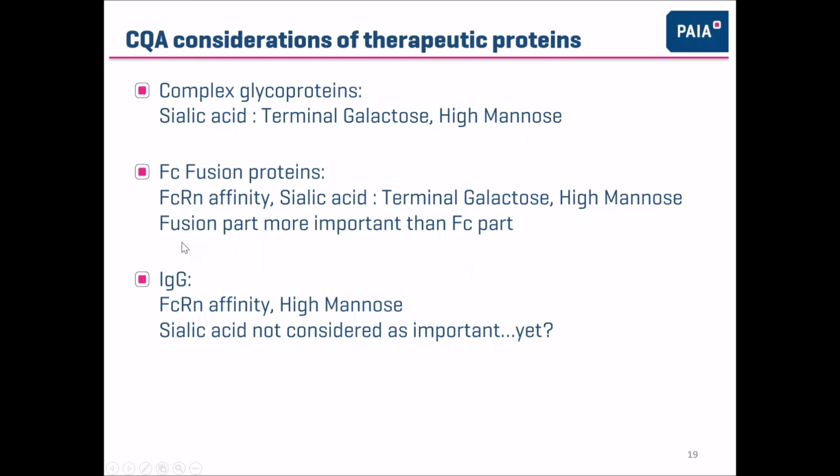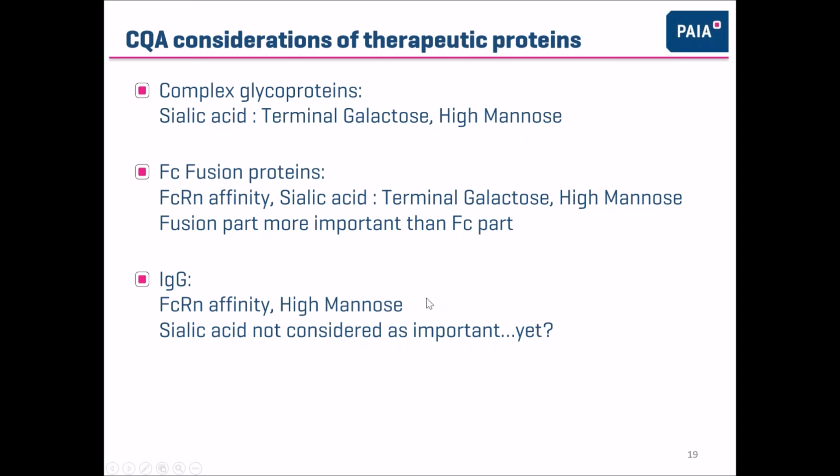Important to point out here is that it seems that the glycosylation on the fusion part of the molecule seems to be a lot more important than on the Fc part. So that is something that was shown on one of the slides before. So when it comes to IgG, I think the main thing to look at is the FcRn affinity again, then the high-mannose.